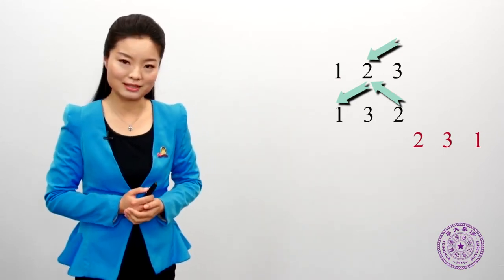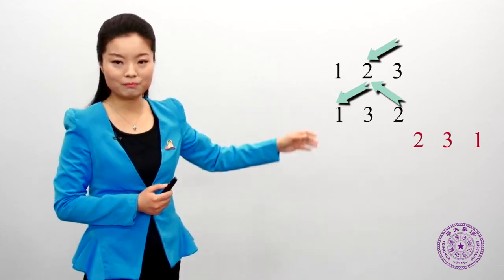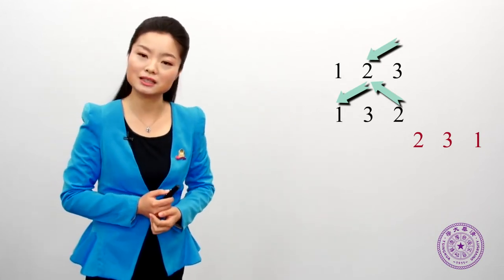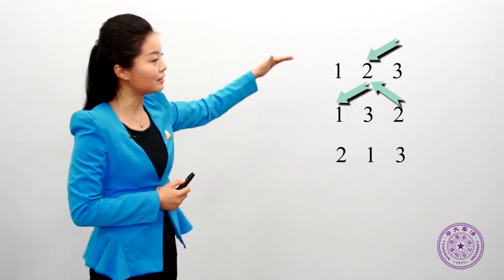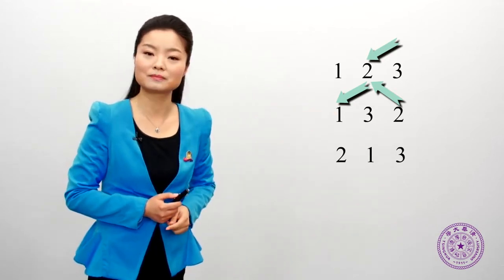Actually, the suffix 3, 1 of 2, 3, 1 is not the smallest suffix. We only need to exchange 1 and 3 to get a smaller one, 2, 1, 3. So we would find that the next permutation of 1, 3, 2 in lexicographic order should be 2, 1, 3.